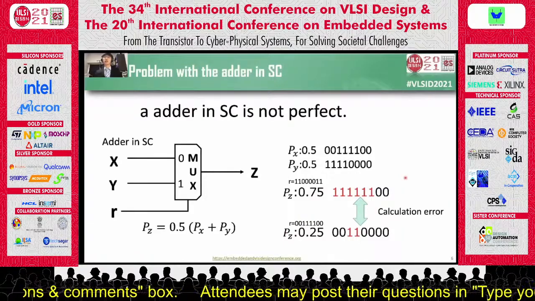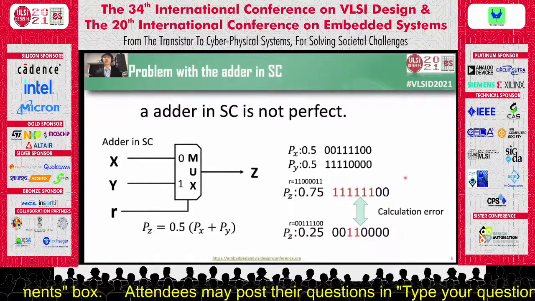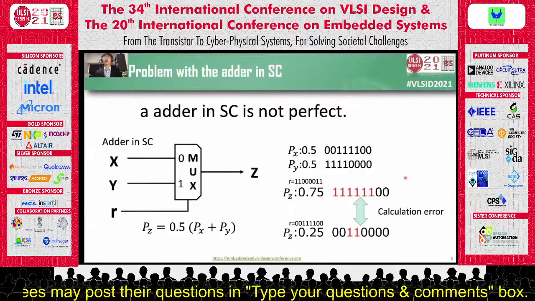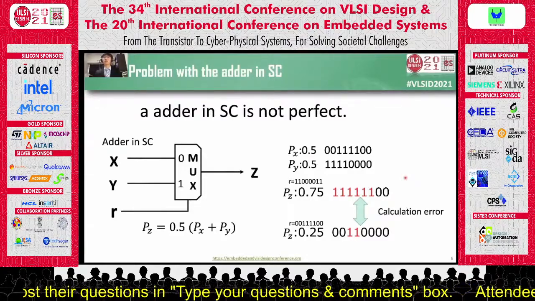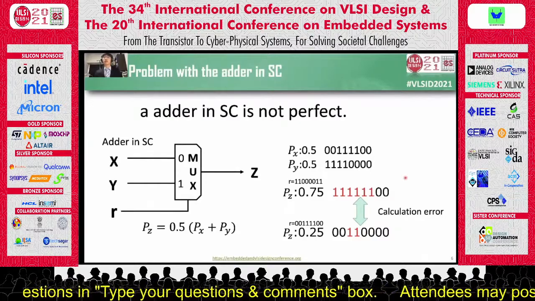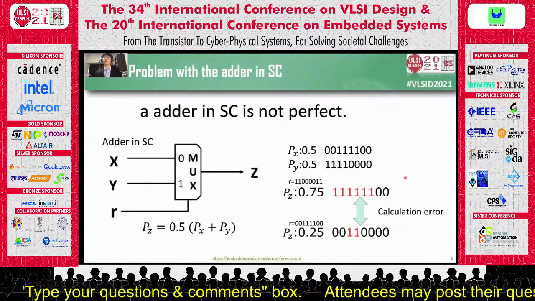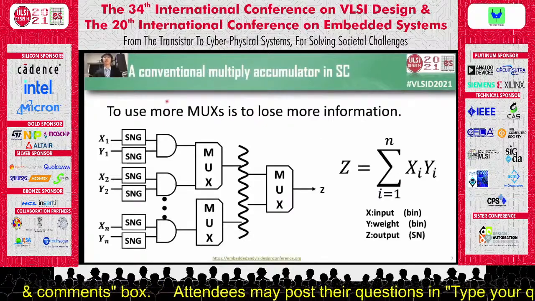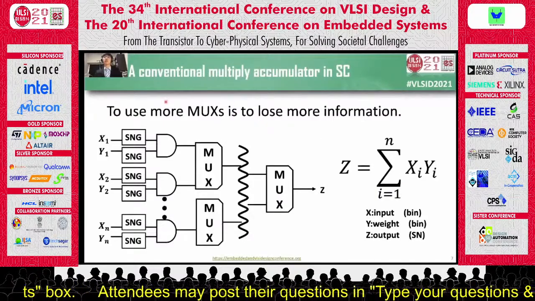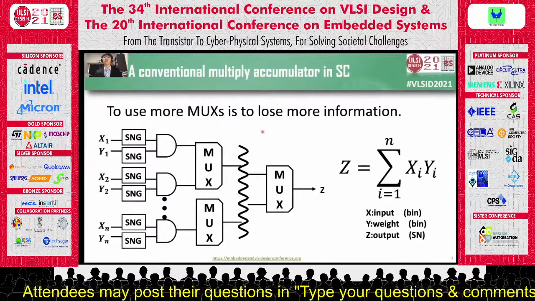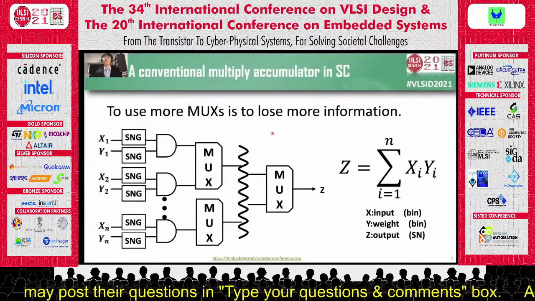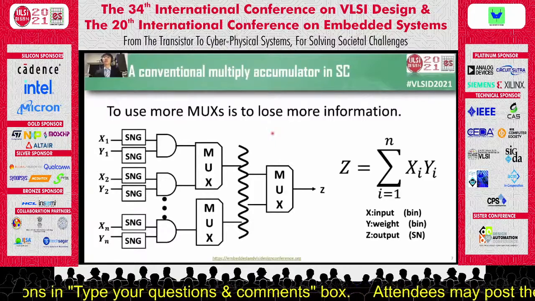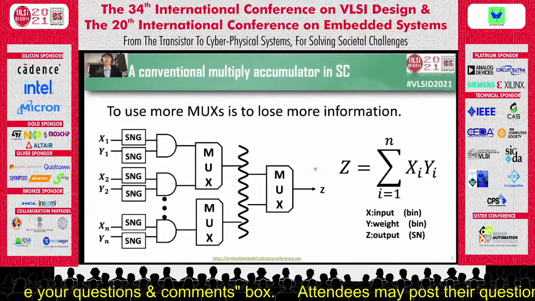In this way, one-half scaled addition using a multiplexer loses some information. Also, the output SN requires scaling, so the output result cannot be used as an SN. And we may lose much more accuracy when we perform multiply accumulator operations for many numbers, as shown in these figures.